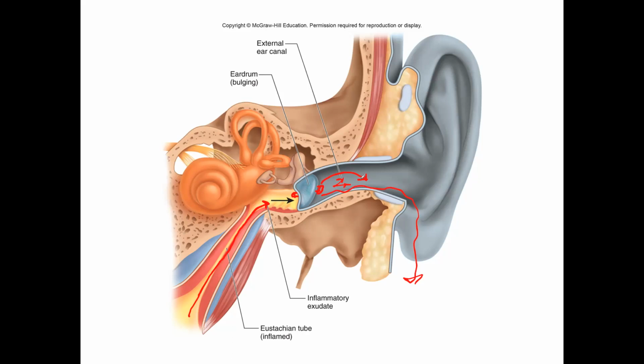And at that point, usually what happens is that the eustachian tube, which when you were younger was very short and straight, becomes longer and twistier. And it's harder for the junk that's in your throat to get up into your middle ear. So you outgrow it, essentially. Now the tubes will leave a scar, but it'll be a pinpoint scar. It won't be as bad as ripping the eardrum open.